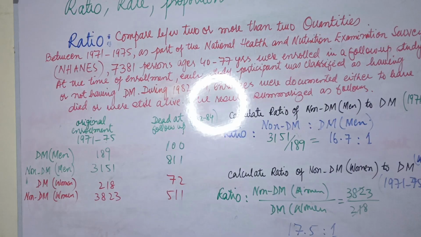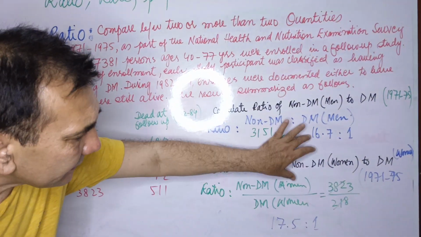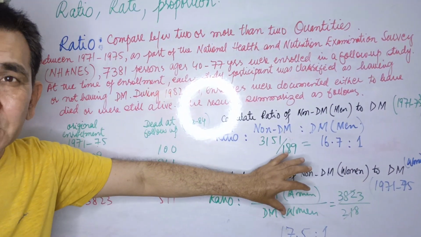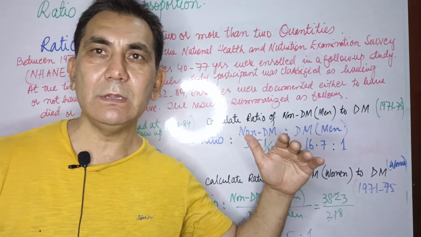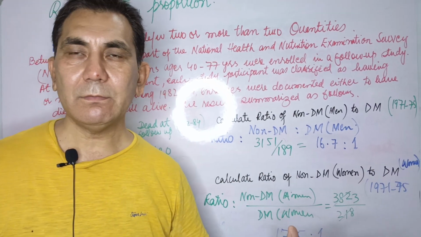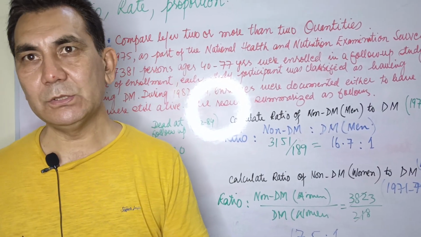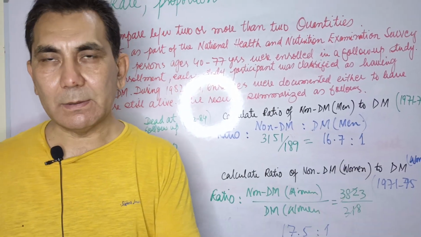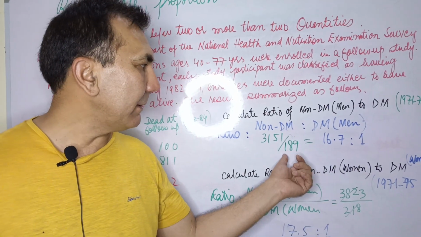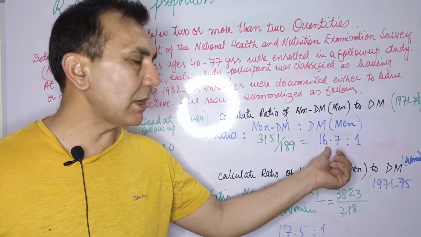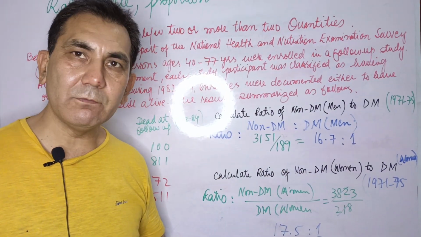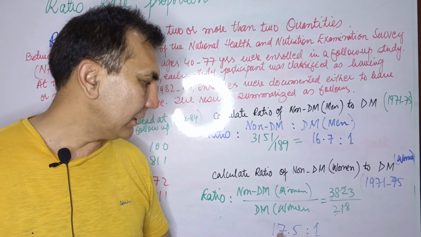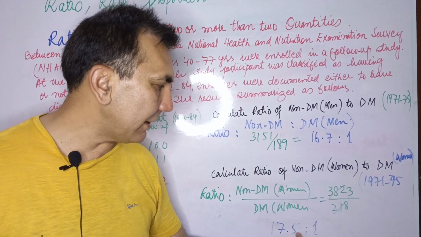Okay, there is a little difference between the ratios of non-diabetic men and women to diabetic men or diabetic women. For men it came to 16.7 to 1, and for women it came to 17.5 to 1.